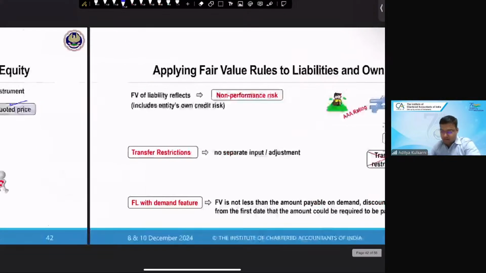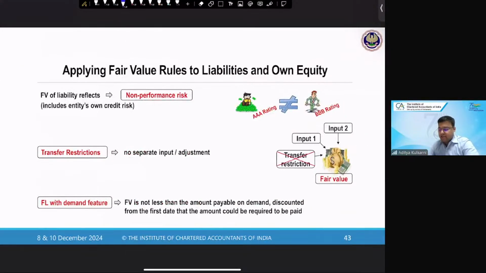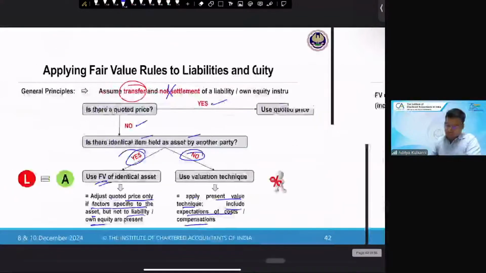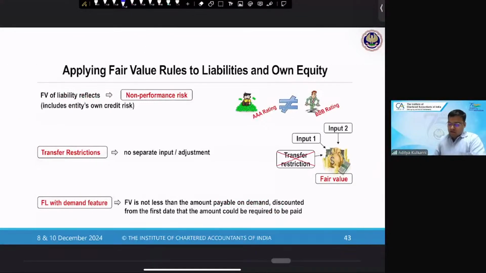Clear? Okay, fine. Now we move on to the next one, applying fair value rules to liabilities and own equity. When I determine the fair value of a liability in my books, my own credit risk should be reflected in the value. Did you understand what it means?